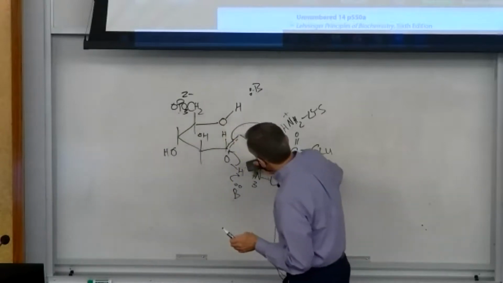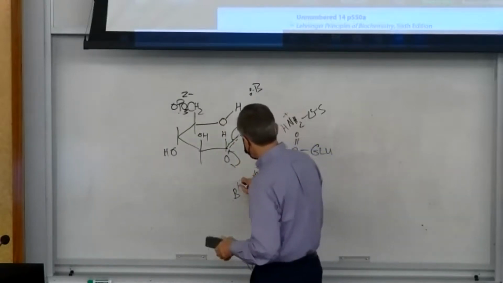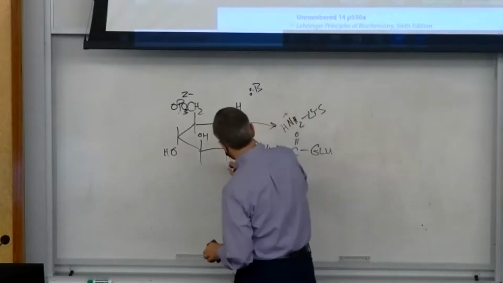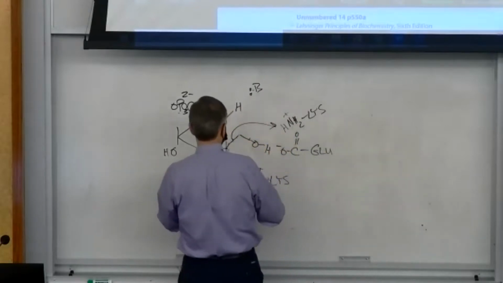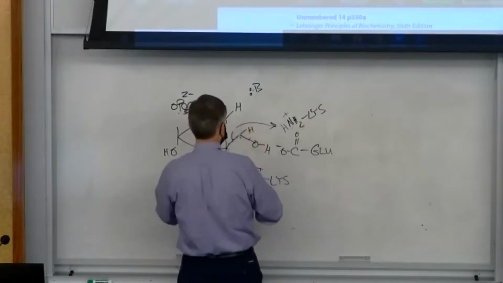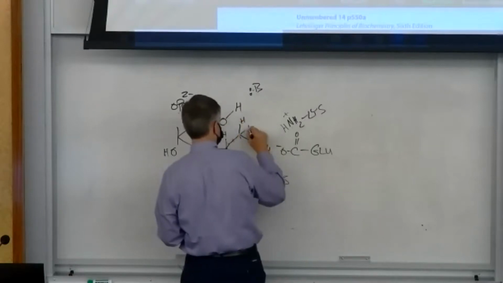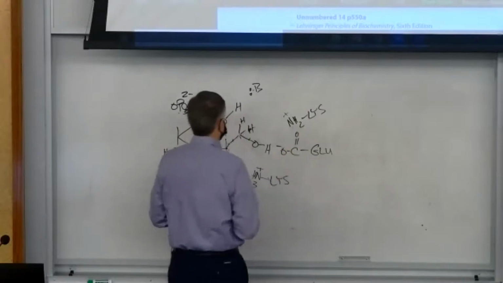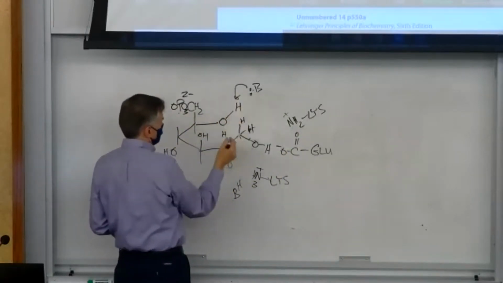Okay, so let me now redraw this with the carbonyl on the 2-carbon. We have this picking up a proton. I left the proton off, but we now have this species, CH2OH. And at this point, this base will re-abstract this.